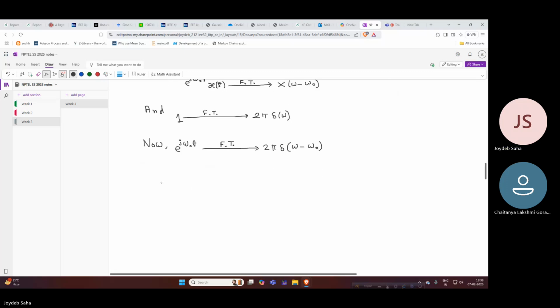And the Fourier transform of e to the power minus j omega 0 t is 2 pi delta omega plus omega 0.